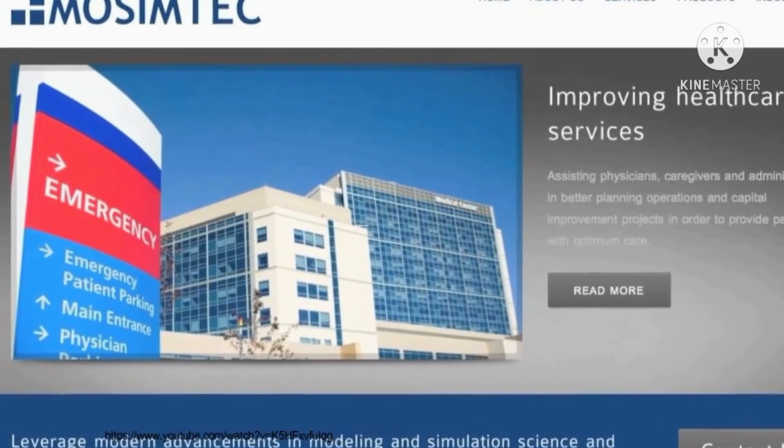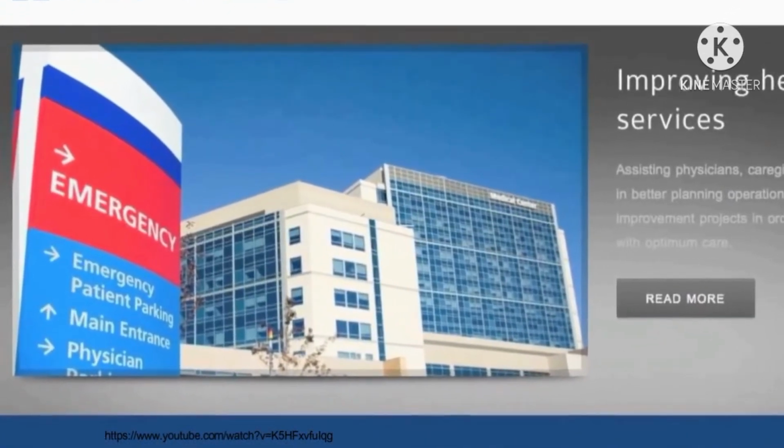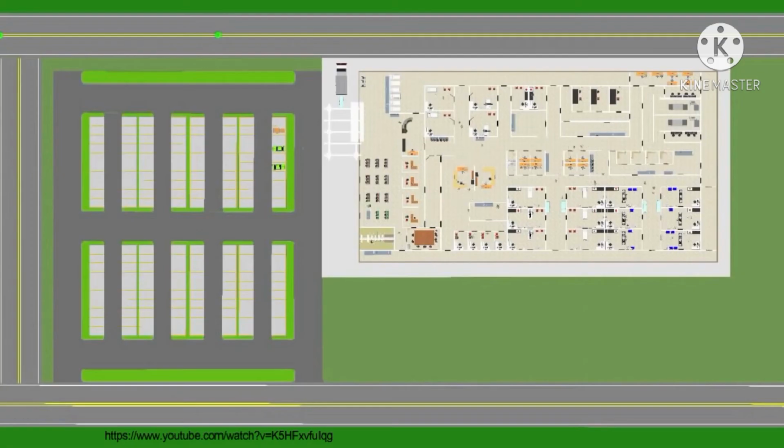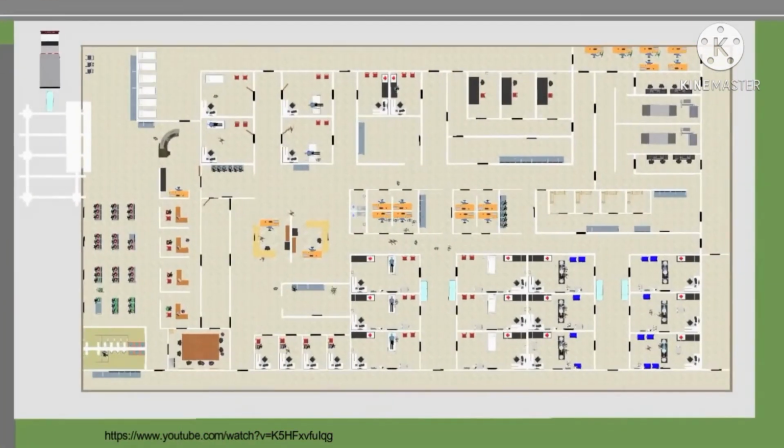Never before has an industry faced so much uncertainty as the healthcare industry. Modeling and simulations can help healthcare providers deal with change by predicting the behavior of people, process, and systems, allowing them to make smarter decisions.